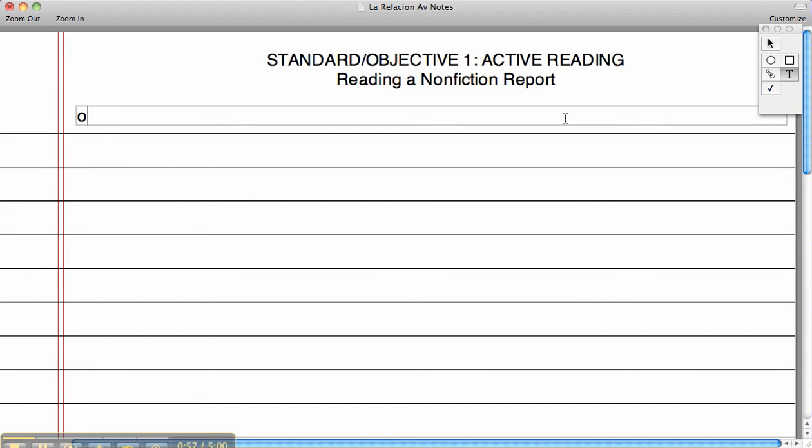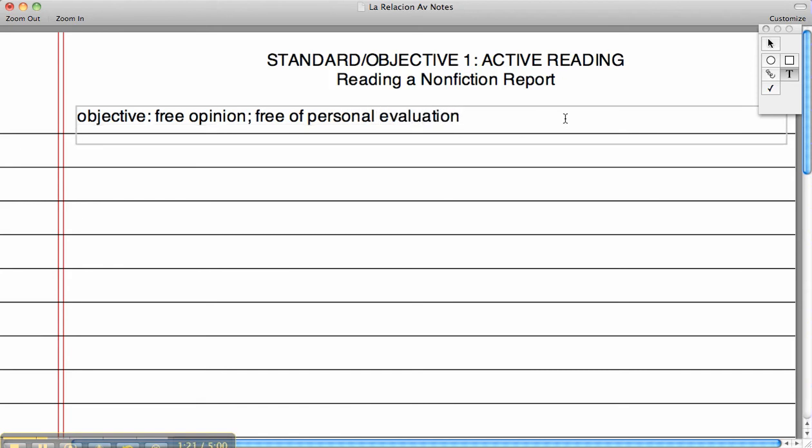Let me write that word down because it is a vocabulary word. The word objective. You have your own definition, which you copied several videos ago. But objective basically means free of opinion, or free of personal evaluation.